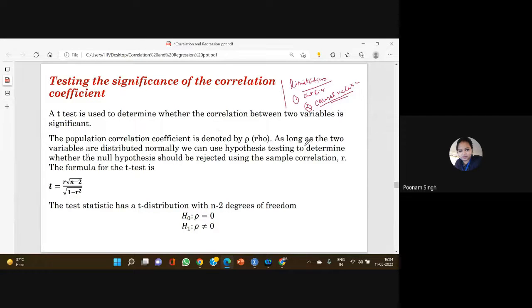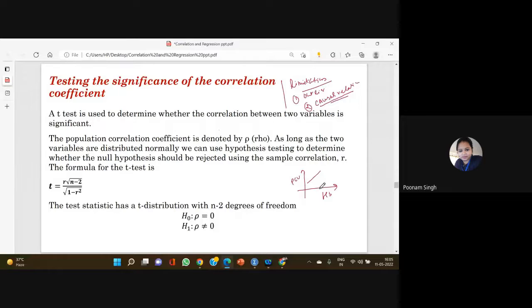For example, suppose correlation is being computed between hemoglobin and PCV, and there is a very strong correlation between both. So we cannot imply that hemoglobin level causes PCV.